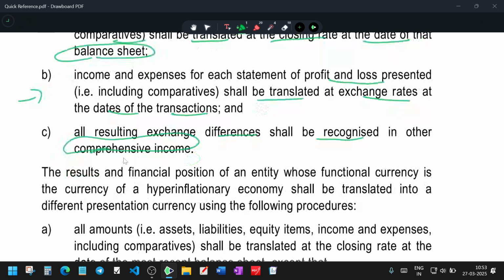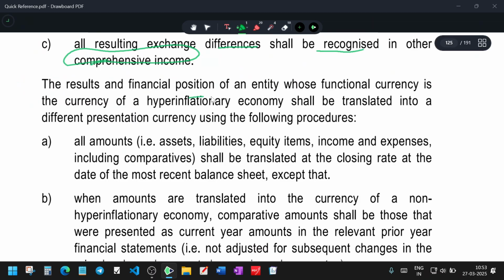That's very good. Now, the results and financial position of an entity whose functional currency is the currency of a hyperinflationary economy shall be translated into a different presentation currency using the following procedure.